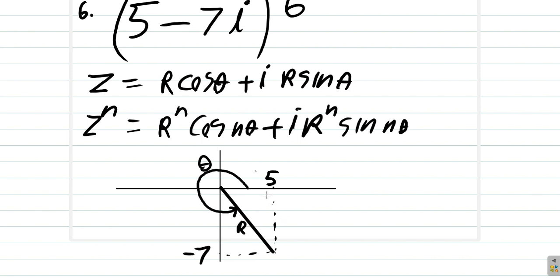Let's call this angle here alpha. If we redraw this, this is alpha, and this is a right angle triangle with sides 5 and 7. So now we're going to find alpha and r.